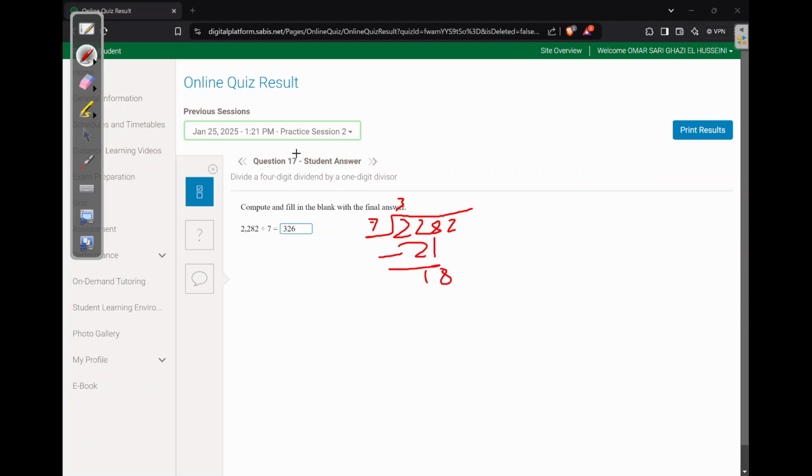And now something closer or something like it. Now I drop down that 2. 42. Okay, now that's a 6. And here, 42. Okay.